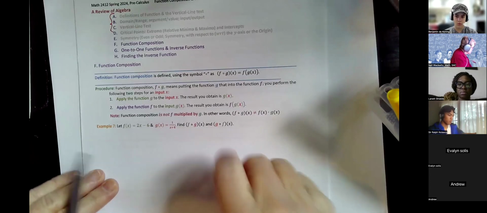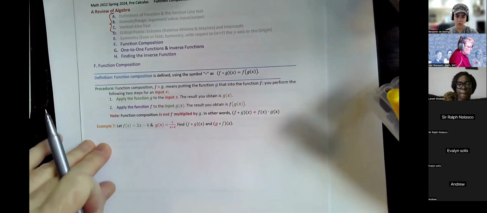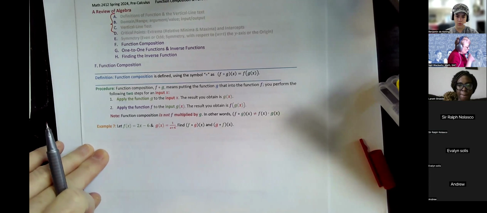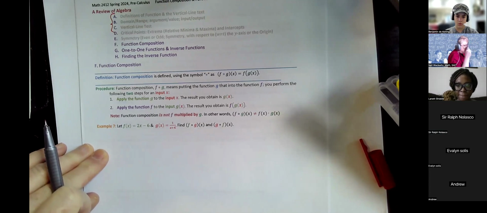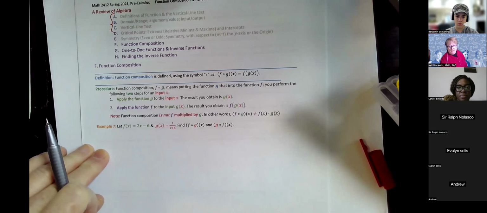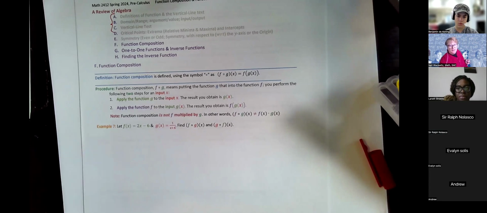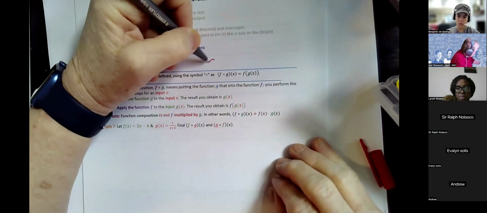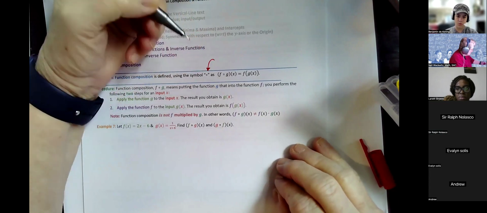All right. So, does the little circle mean multiplication? I want to hear this loudly. No, no, no. And it's okay to say something wrong in our class. It is absolutely fine.